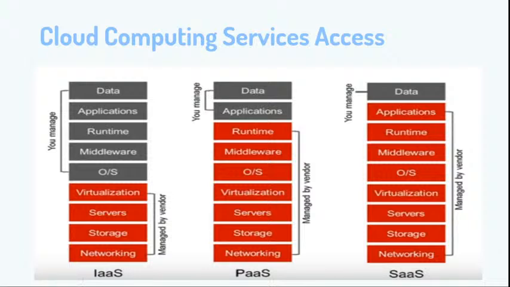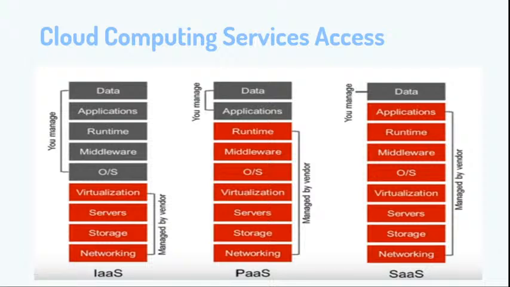And IaaS is data, application, runtime, middleware, and up to the OS. You can change from one OS to another OS, you can use some middleware applications also, and you can manage those. That is the difference between SaaS, PaaS, and IaaS.